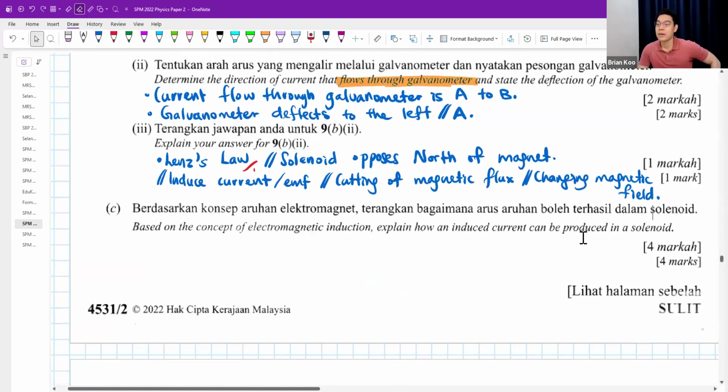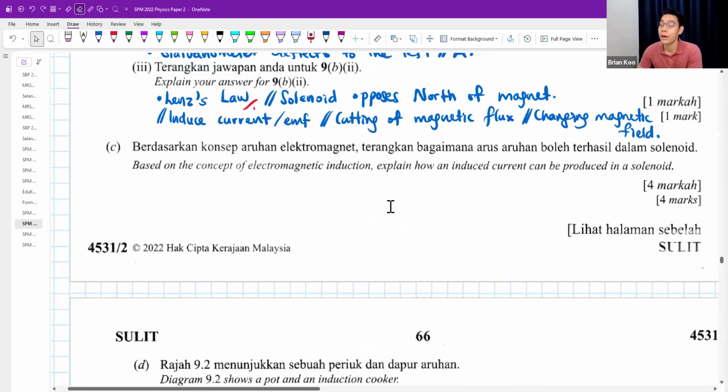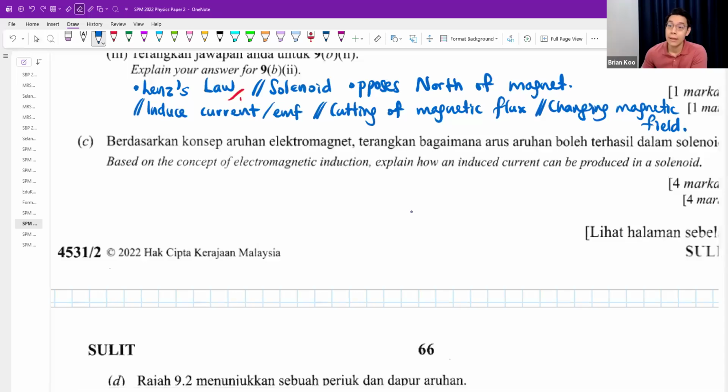Okay. Based on your concept of electromagnetic induction, explain how induced current can be produced in a solenoid. A good question. I'm going to straight up tell you, there are a few keywords that you must say. First of all, there must be a relative motion, or there must be changing magnetic field.